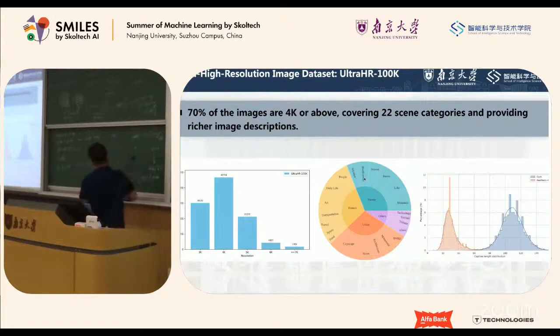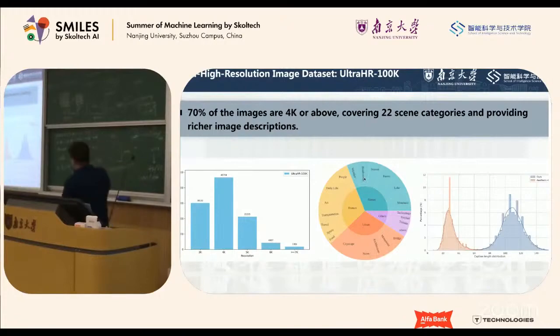Nowadays we are doing multimodal generation, so it's not purely vision only. For an image, we may have a caption or a description.